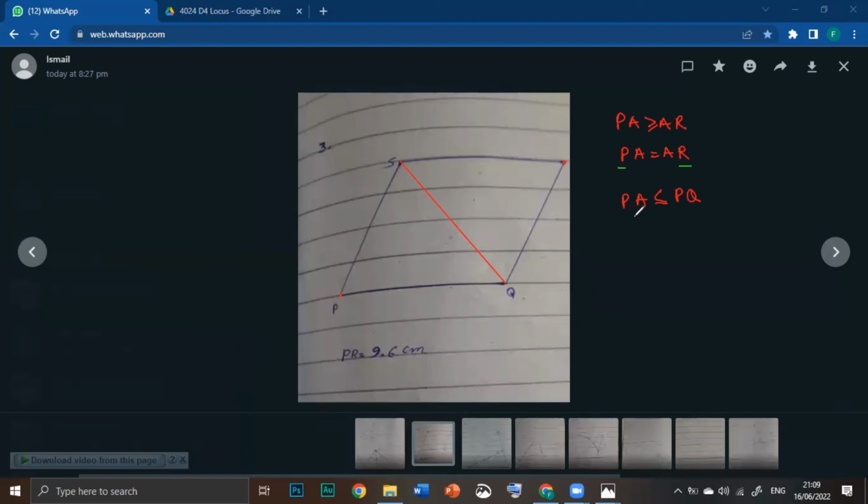Sir, P and Q. First of all, we will convert this one into an equality. PA is equal to PQ. Now we will mark the fixed points. Fixed points are P and Q. What's the length of PQ? Sir, one second. 6.